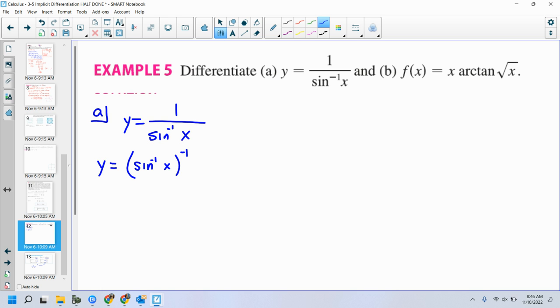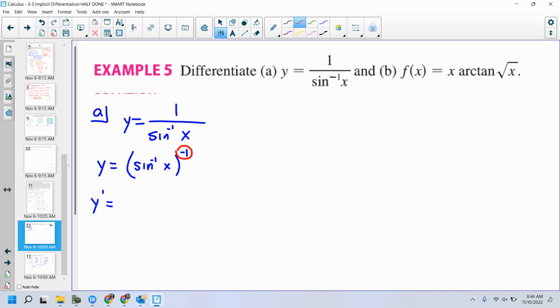Now, to differentiate, what am I going to have to use? I have to use the chain rule. Here's why. I've got this to the negative 1 power acting on a separate function.